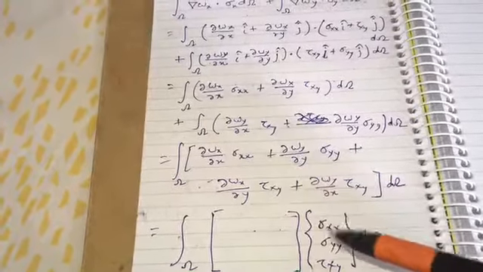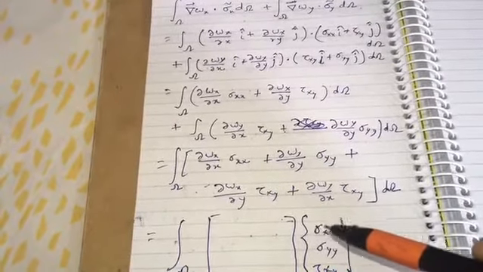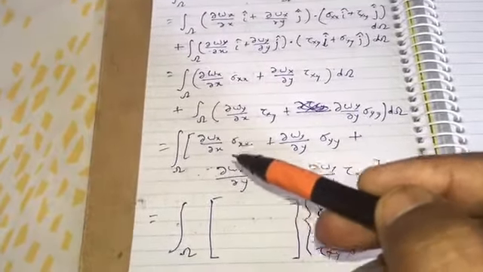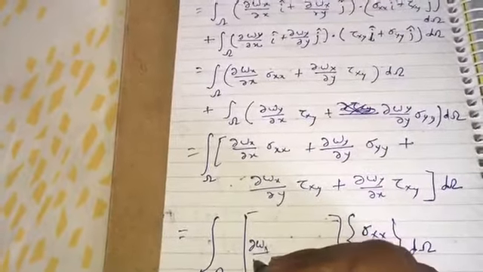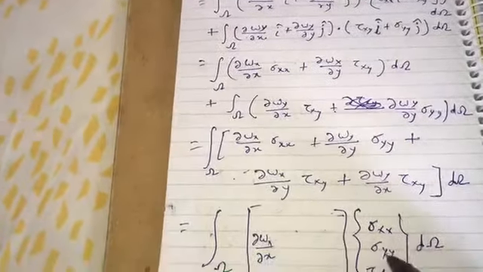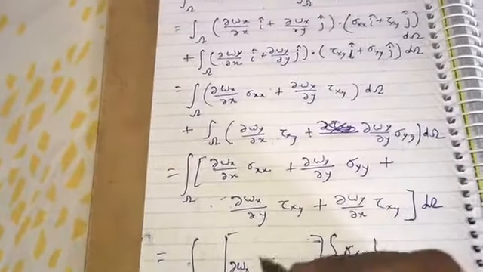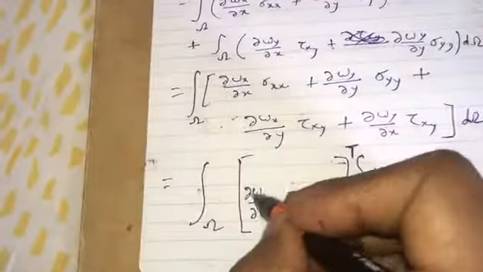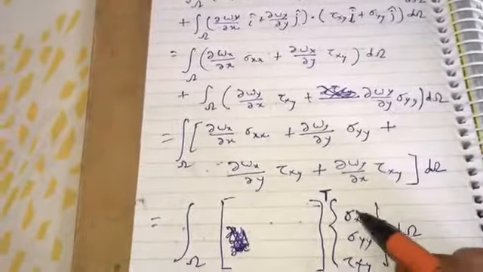We write it as a column with a transpose so it's clearer.